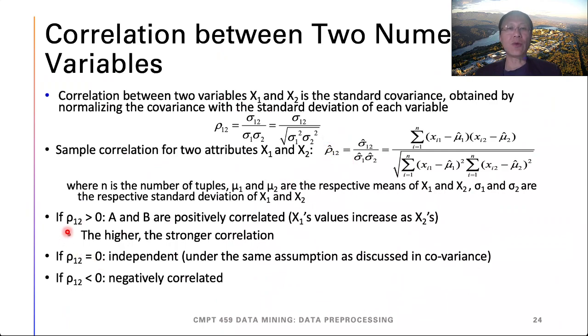If rho 1,2 is over 0, then A and B, these two attributes, are positively correlated. If rho 1,2 is 0, under the assumption that we discussed for the covariance, then we say the two attributes are independent. And if rho 1,2 is negative, then they're negatively correlated.